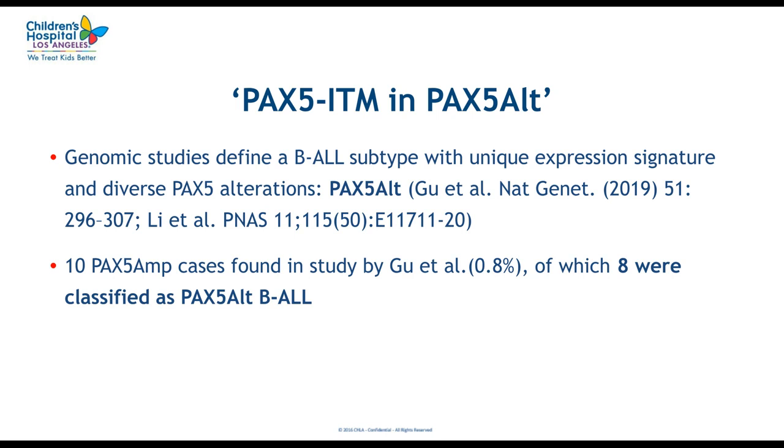And interestingly, they had a significant number of cases in the PAX5 alt cohort where they saw the same intergenic multiplication that we saw in our initial case. And so now this suggests that the abnormality is indeed associated with its own subtype, and that it probably is one of the abnormalities that define PAX5 alt BLL.